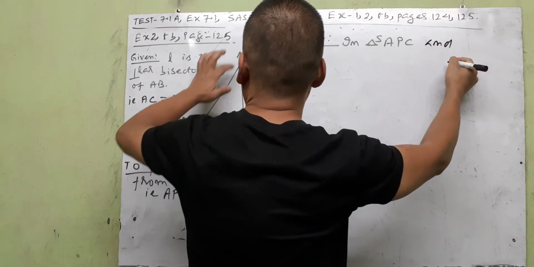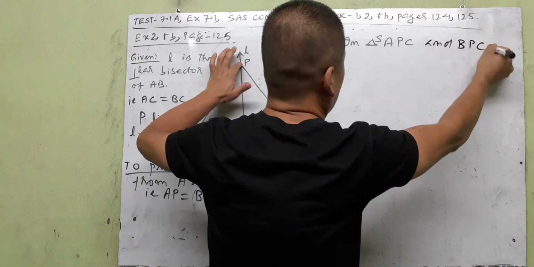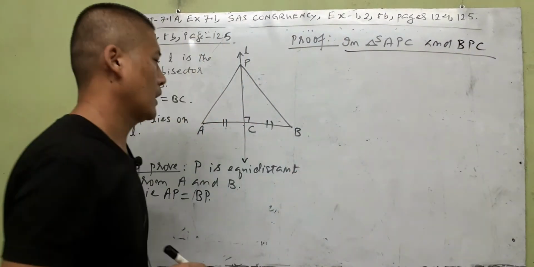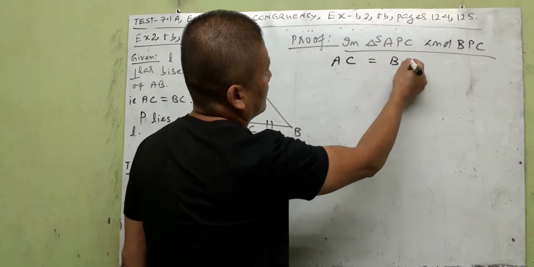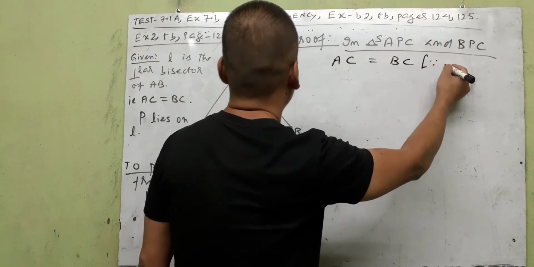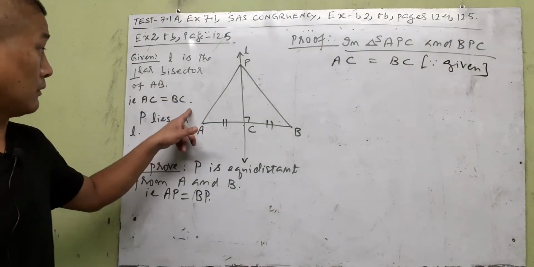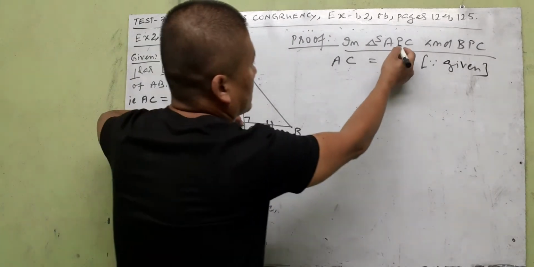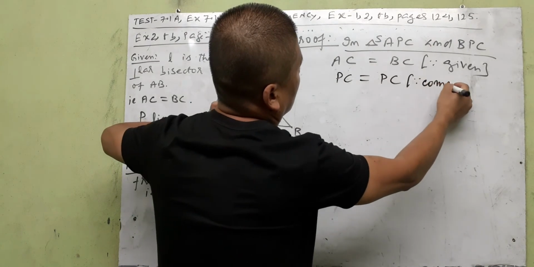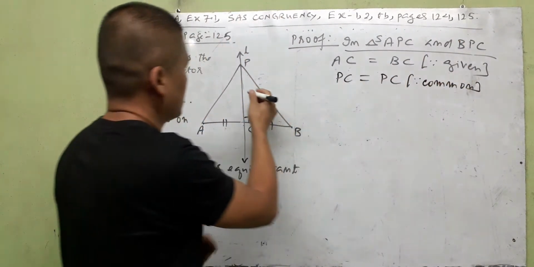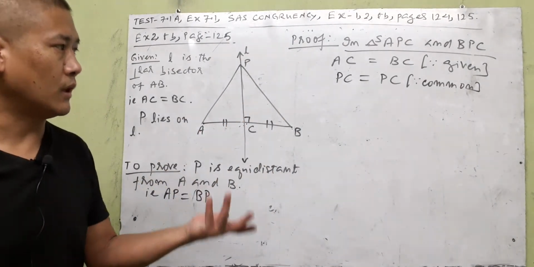So AP, then BP, same style, that's called corresponding: BP, C. So in these two triangles, AC, first and third letters, equals BC, first and third, because it is given; you can see clearly here AC equals BC. Then PC, second and third, equals PC, because it is a common side to both triangles. PC is a side of APC, and PC is also a side of BPC. Common means they are equal.